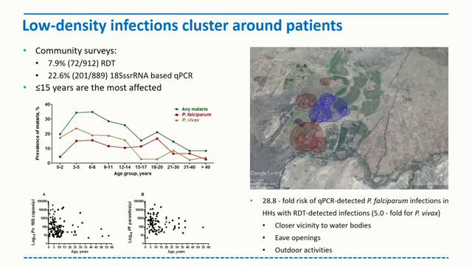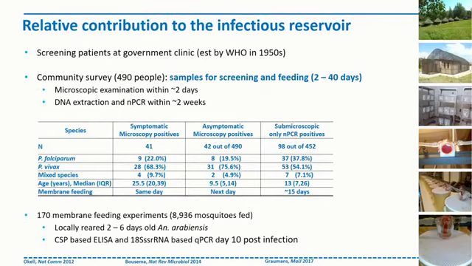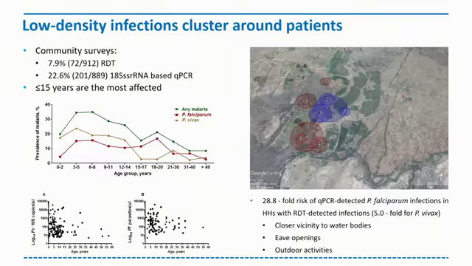For instance, for falciparum, the risk of having PCR detected infection was 28.8-fold in households with RDT detectable infections than in households without RDT detectable infection. These infections were found in households closer to water bodies, in households with eave openings, and in individuals involved in outdoor activities.